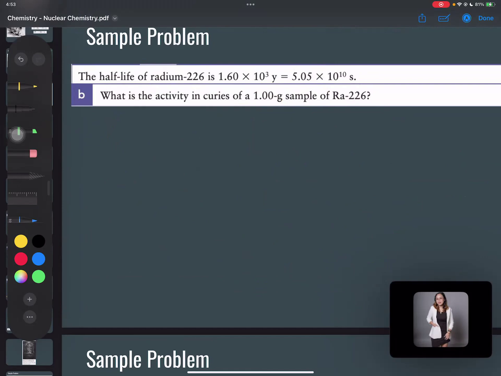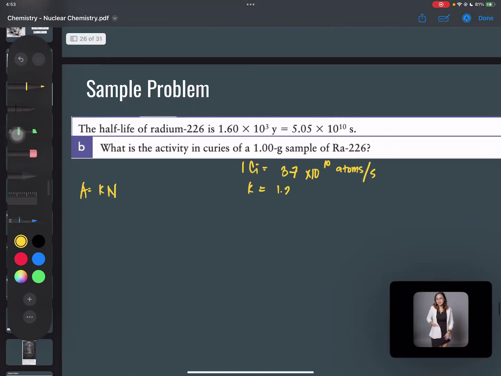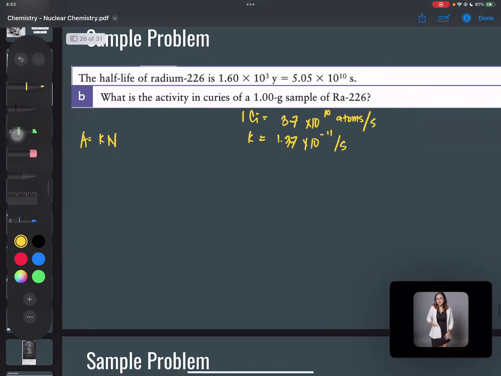What is the activity in curies of a 1 gram sample of radium-226? So 1 curie is equal to 3.7 times 10 to the power of 10 atoms per second. Activity is equal to kN. We already have k from the previous, which is 1.37 times 10 to the power of -11 per second.